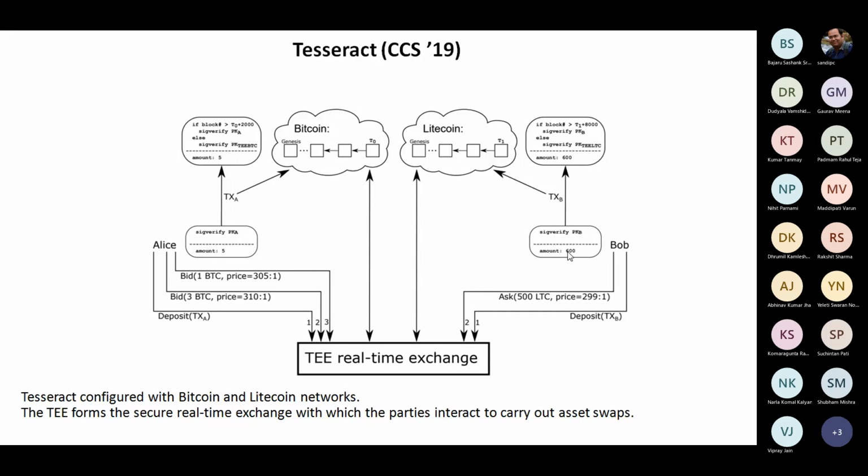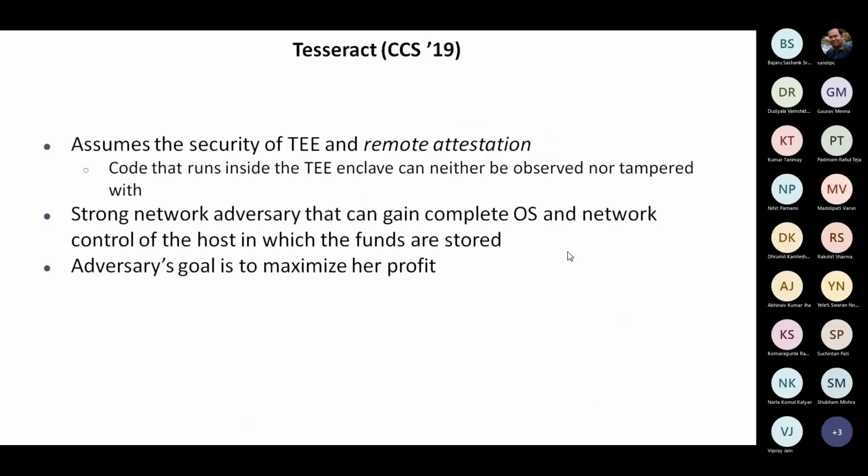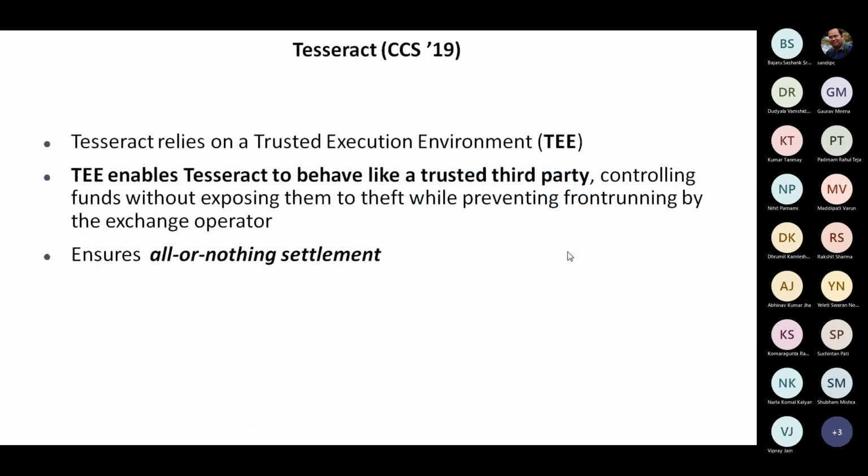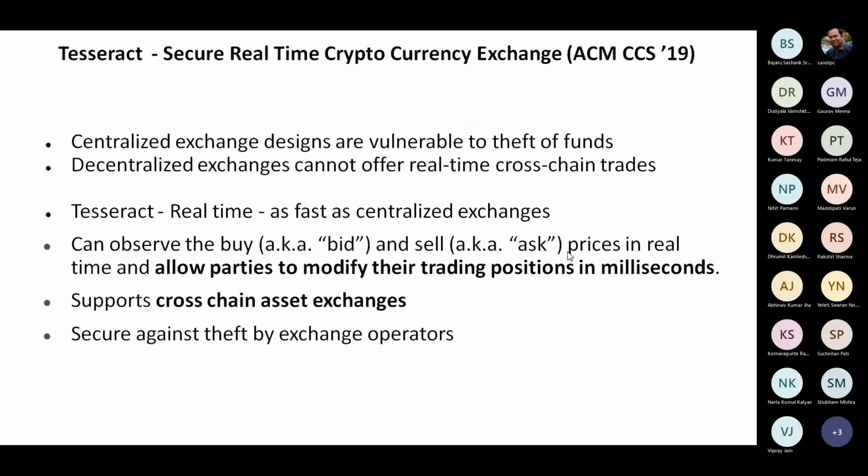But of course, what is the reason this is done? This is because we had this particular attack that was mentioned, that these centralized exchanges are vulnerable to theft of funds. And if you remember, we said that sometimes they shut down after they have your money.